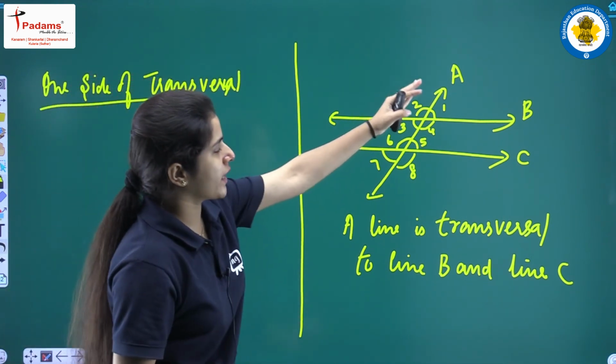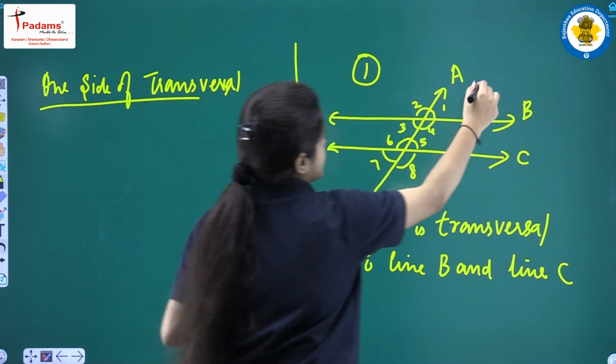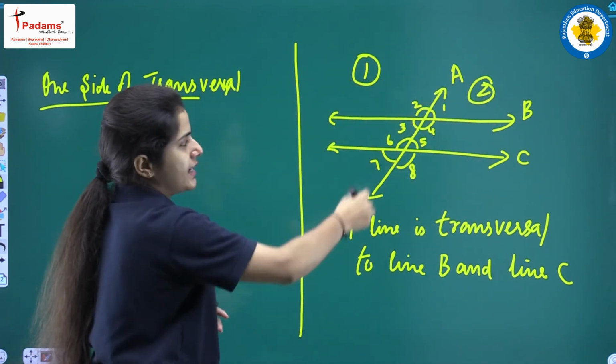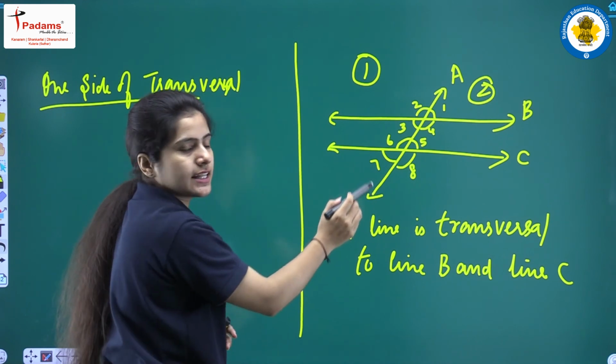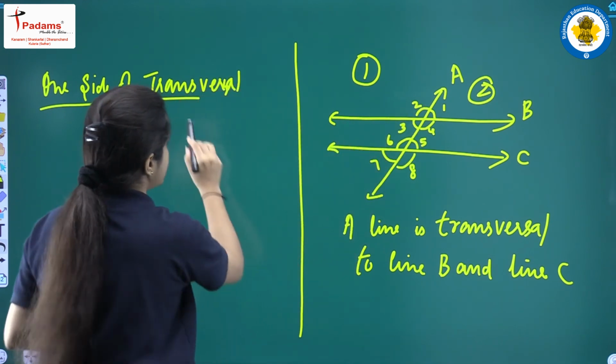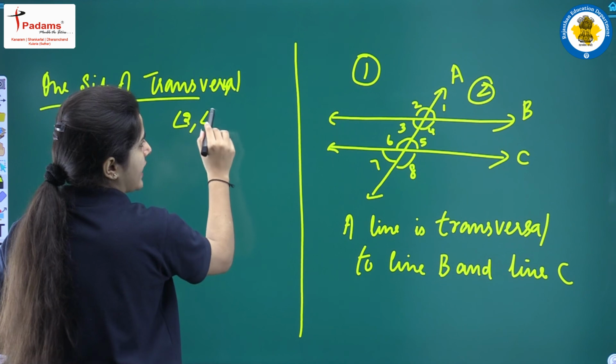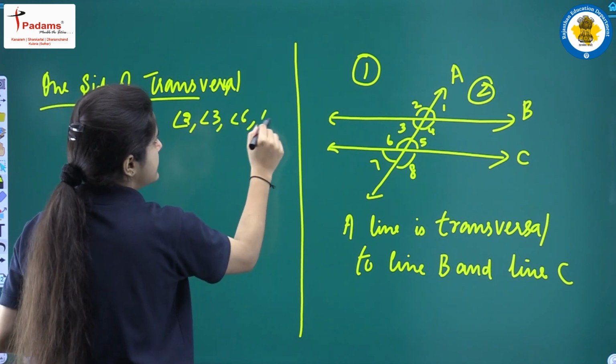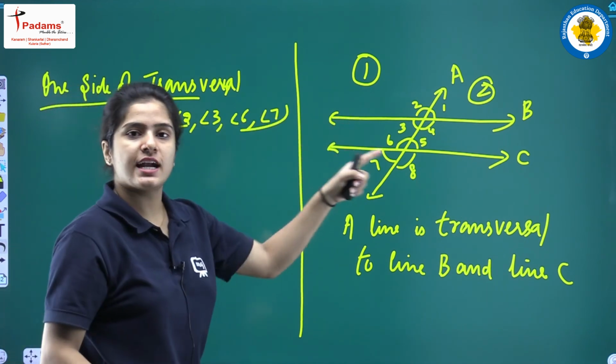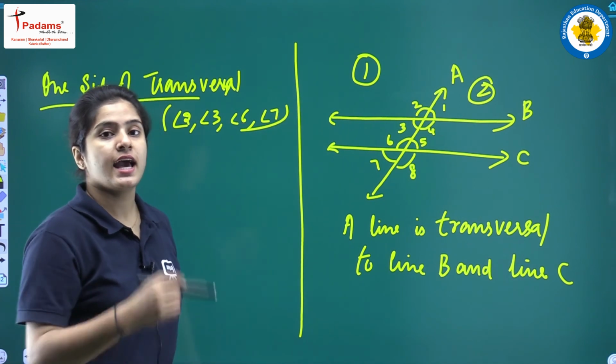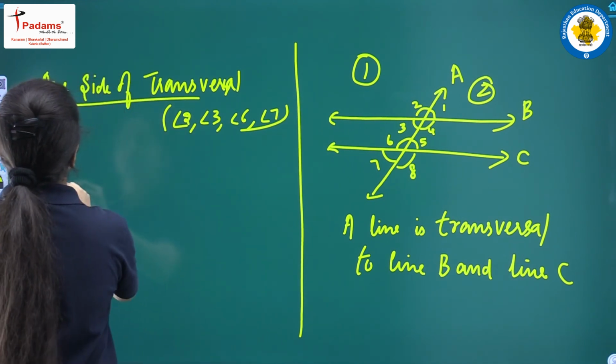So if I'm talking about this first side and this is second side, then the angles lying on the first side of transversal are angle 2, angle 3, angle 6 and angle 7. These four angles are lying at the first side of transversal.